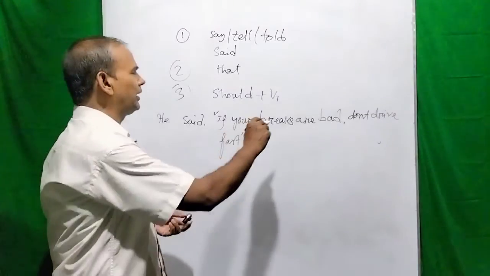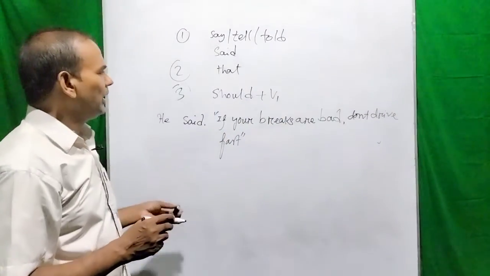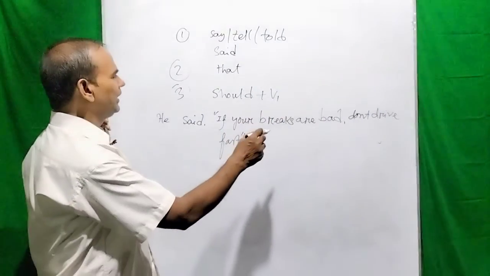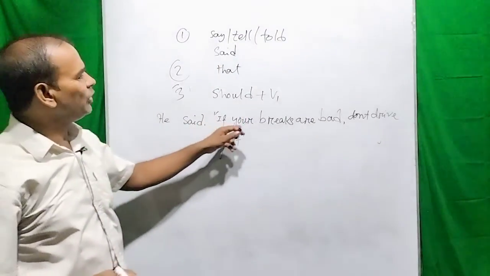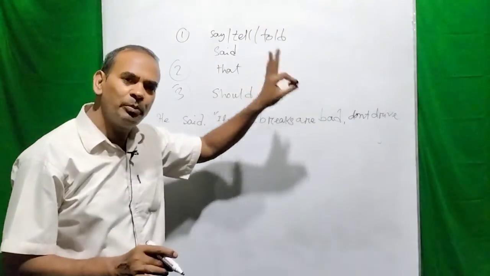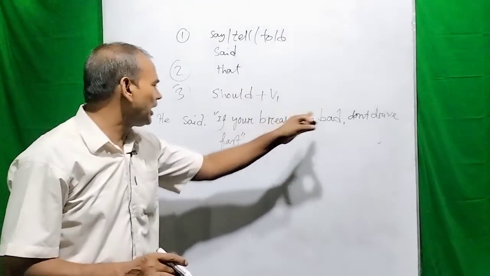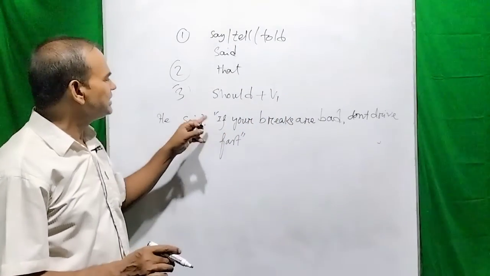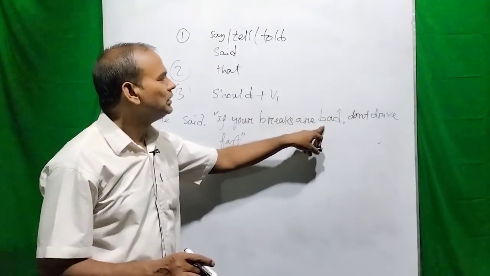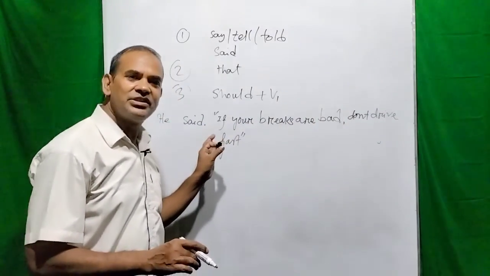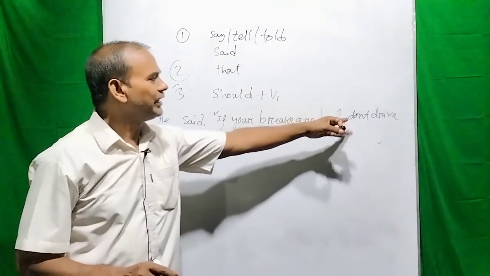So this is also an indirect command. If I say don't drive fast, this is the direct command. But if your brakes are bad, don't drive fast. This may be like this way. If your brakes are good, drive fast. So this is an indirect command.